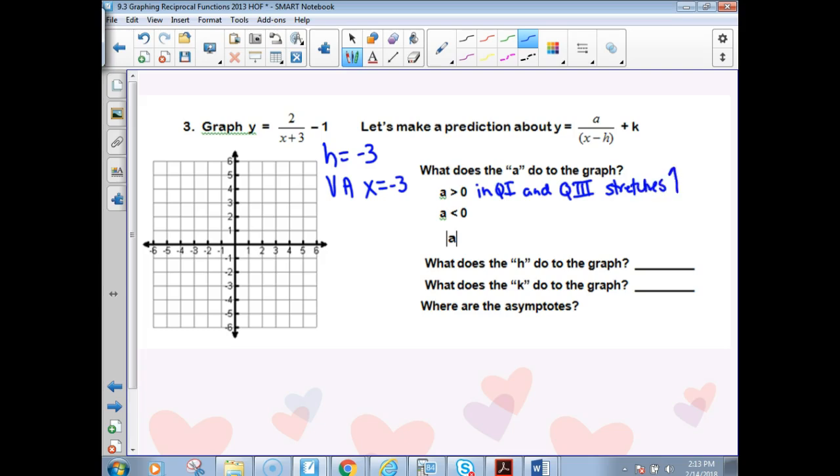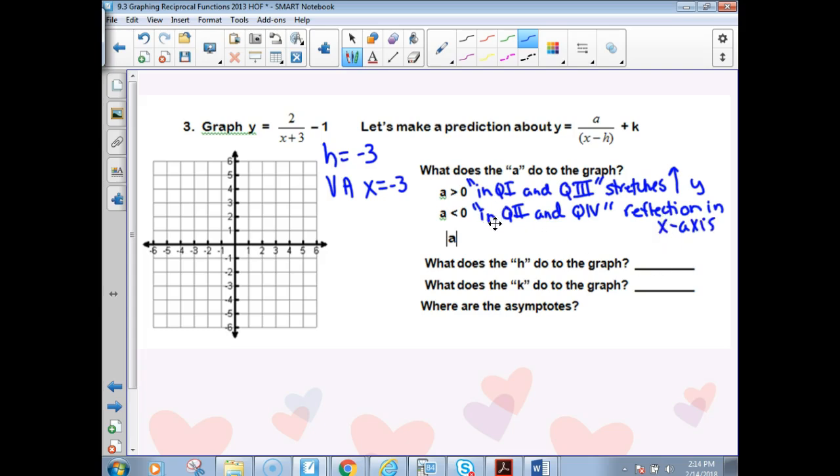Stretches it vertically up. That's your stretches the y value. Trying to make that abbreviated a little bit. And if a is less than 0, you're going to be in "quadrant" 2 and quadrant 4. I'm putting quotations on that because I'm technically not saying something that's absolutely mathematically correct. Which is basically a reflection in the x-axis.